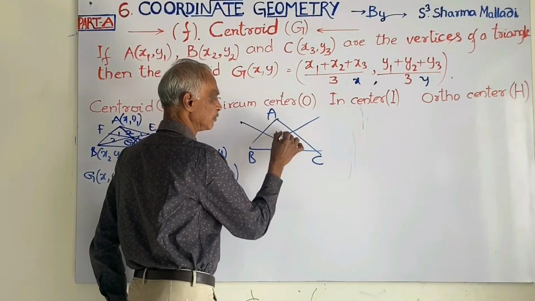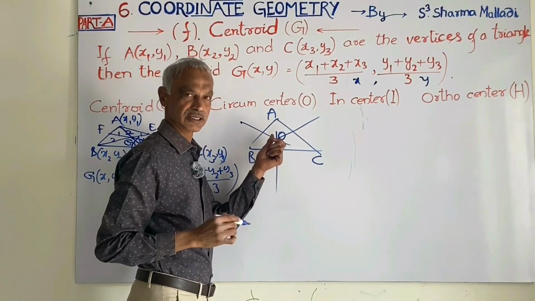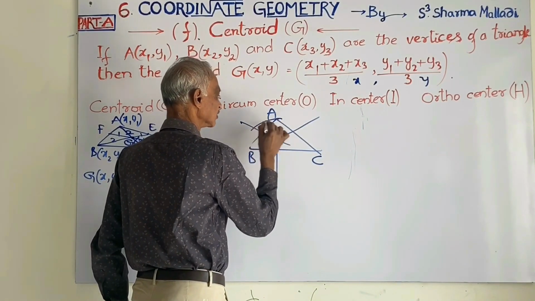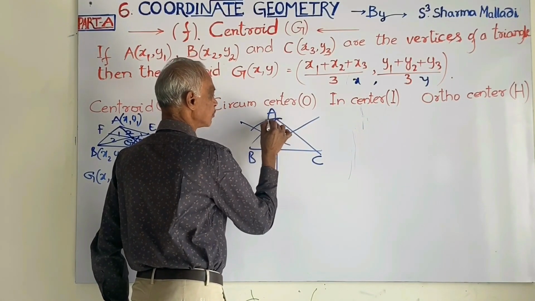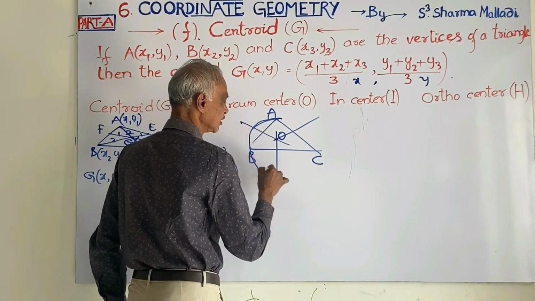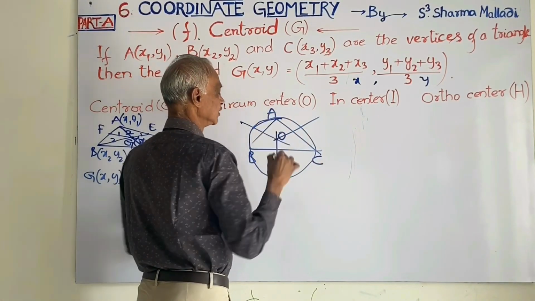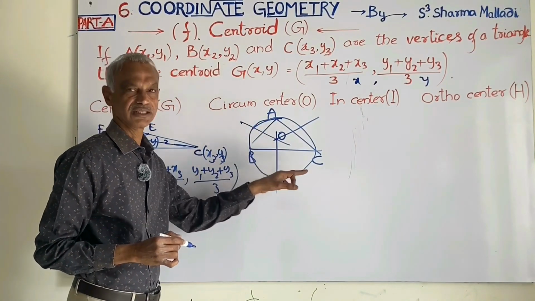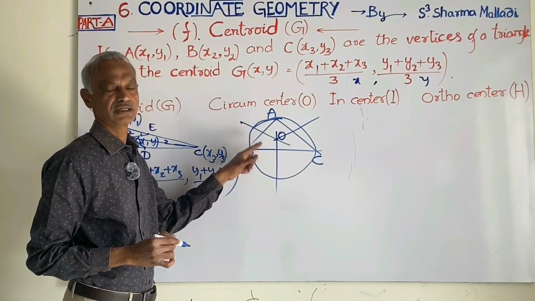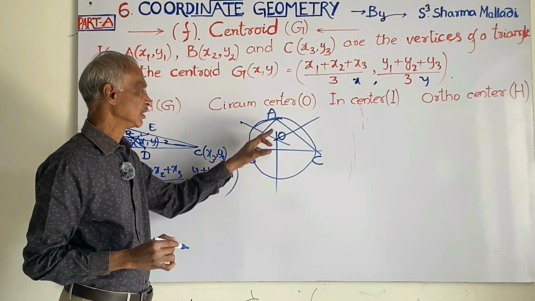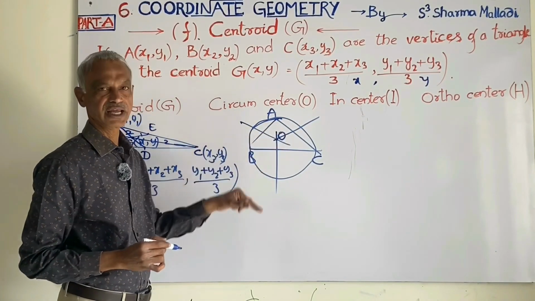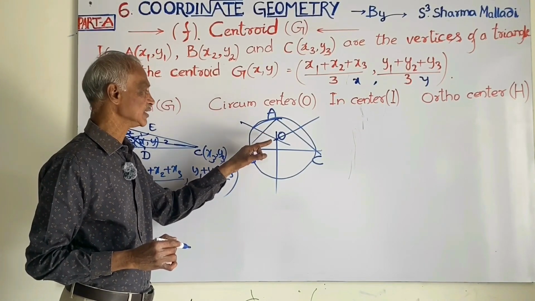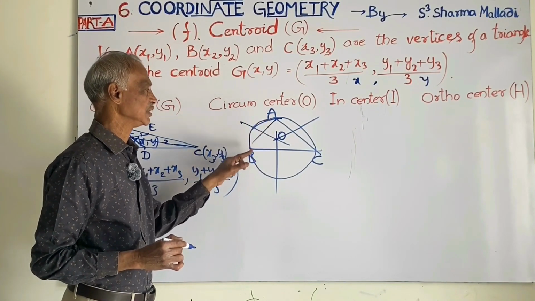It is denoted by O. Using this center, you draw a circle. The circle is passing through A, B and C. The center O is equidistant from A, B, C. This is called circumcenter. It is the intersecting point of side bisectors of a triangle, and it is equidistant from A, B, C.